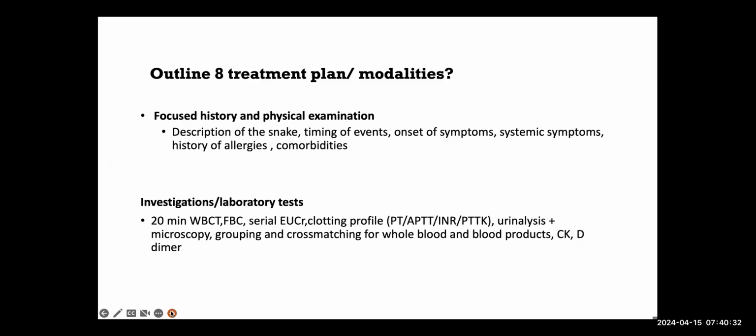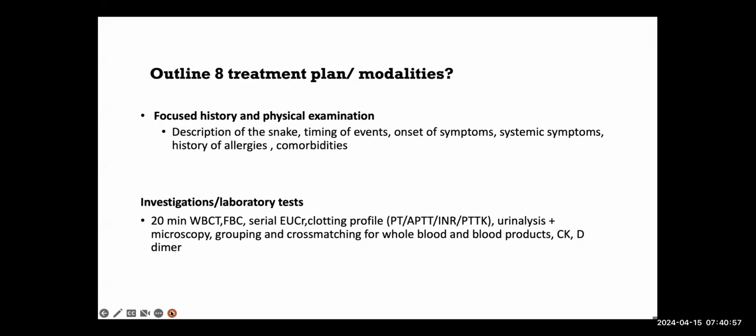Then you want to do a serial EUCR, electrolytes, urea and creatinine, which in the index patient was already elevated and deranged, so it needs serial monitoring of the electrolytes because things change with these patients. You want to do a clotting profile, which is your PT, APTT, INR. You want to do a urinalysis to evaluate for hematuria and rhabdomyolysis.